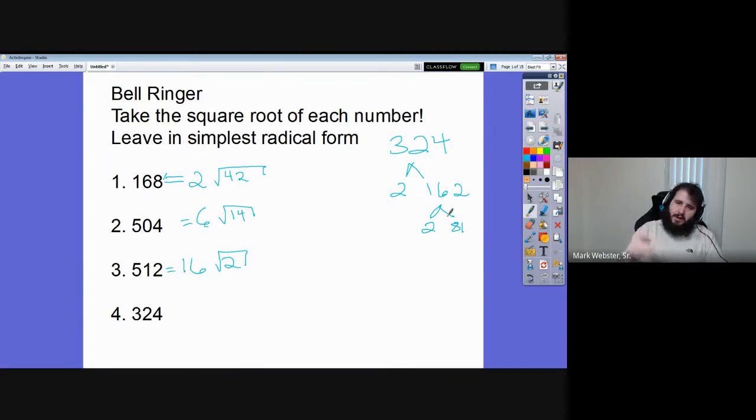Let's go up to 3, right? 3 goes into 81 for sure, right? 3 and 27. And then 3 goes into 27. And then 3 goes into 9. So let's look: 2, 2, 3, 3, 3, 3.